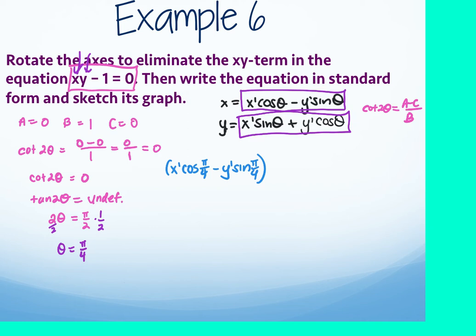That's the x. And then I replace the y: x prime sine theta, which is pi over 4, plus y prime cosine theta, which is pi over 4, minus 1 equals 0. So don't forget about the rest of your equation.